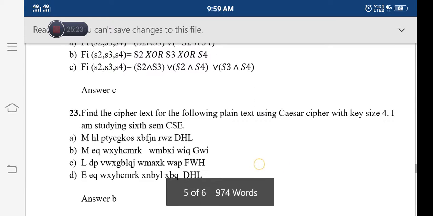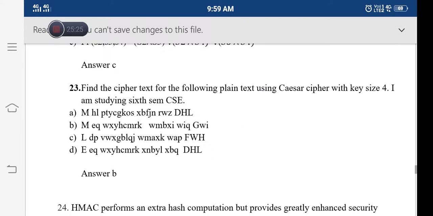Then find the ciphertext for the following plain text using the Caesar cipher with key size equal to 4: I am studying 6th sem CSC. We know that alphabets are assigned values from 0 to 25. A will get value 0, B 1, C 2, like that we will proceed.